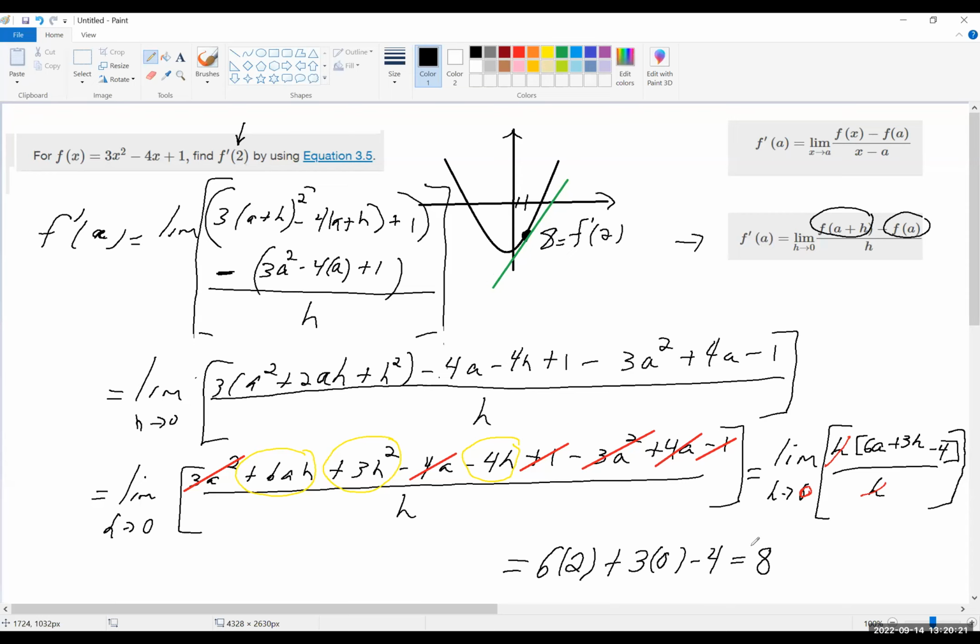But after confirming, I'm certain that that is indeed the derivative: f prime of 2 equals 8.